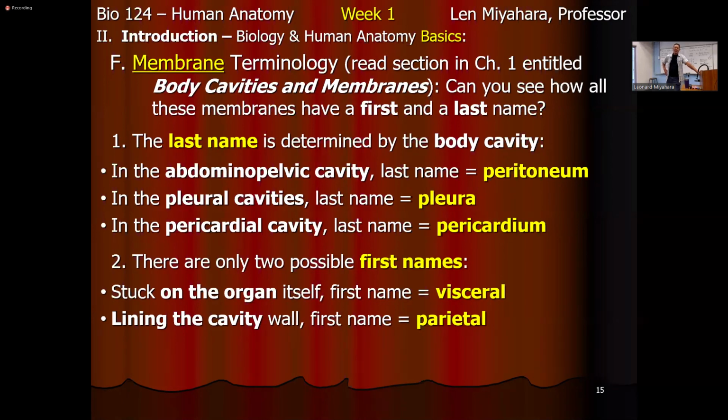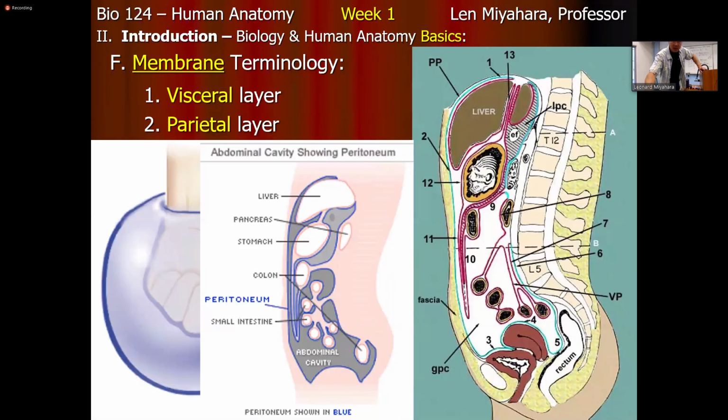Everybody got it? When we get later in the semester to the digestive system, you have 20 feet of small intestines in your abdominopelvic cavity. It's not a fist, it's a rope 20 feet long. So you're going to have a lot of excess visceral peritoneum in purple.